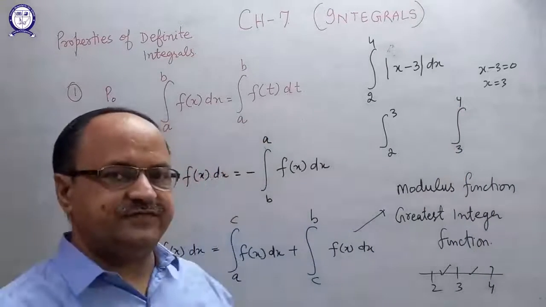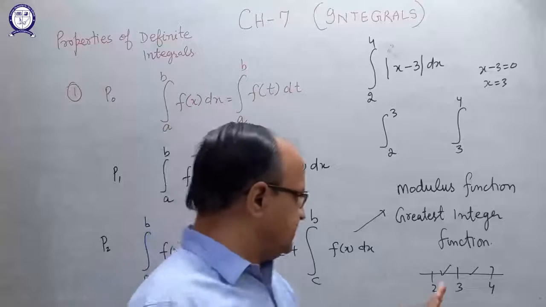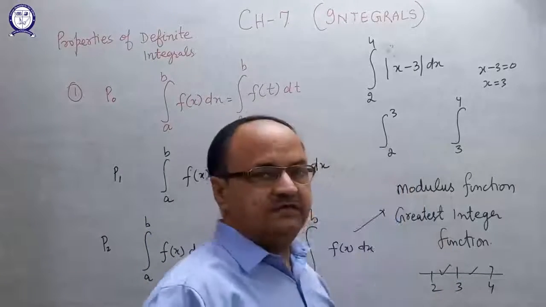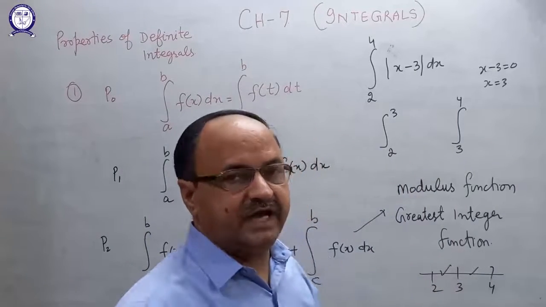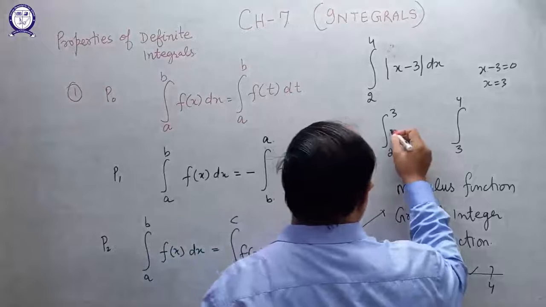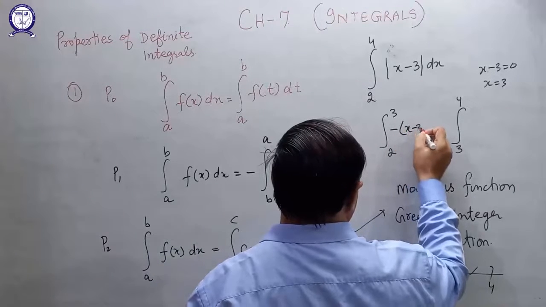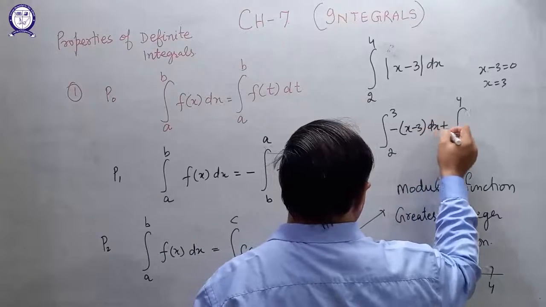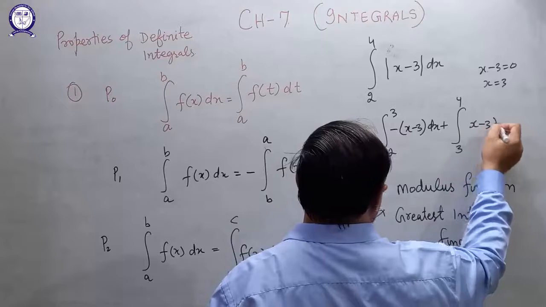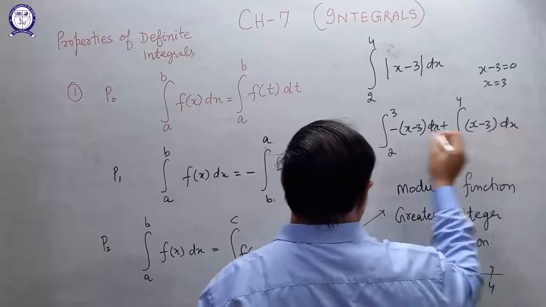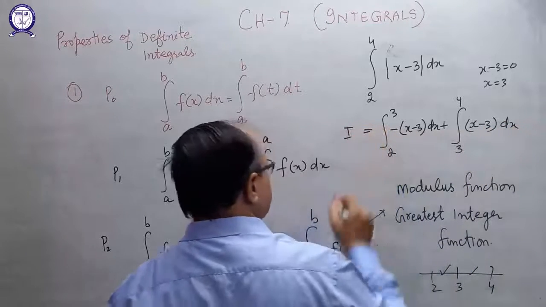2 to 3 means the left interval, the left side. On the left side, we always take the negative function of modulus, that is minus x minus 3 dx, plus here we take the positive function. Clear?